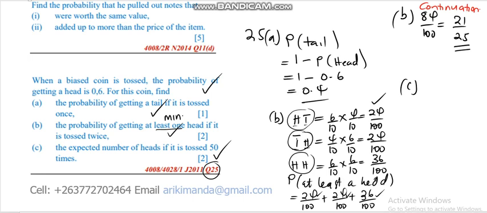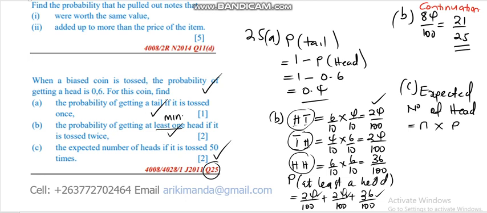So we can safely say expected number of heads is equal to the number of times the coin was tossed multiplied by the probability of getting that head.